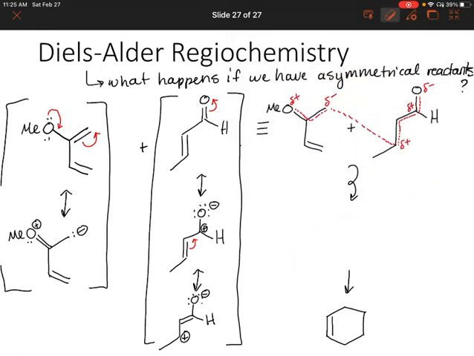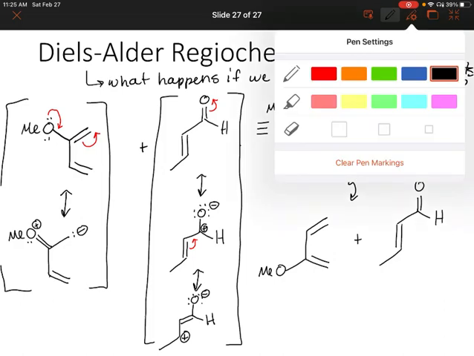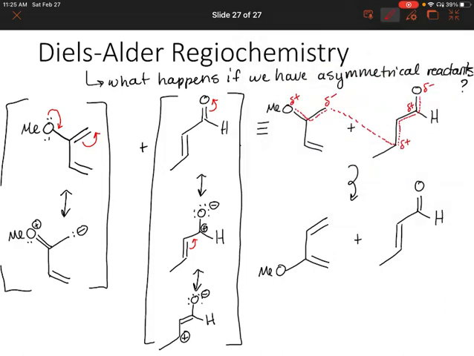So the other way that you could draw all this, which might make more sense, you can draw the original two reactants, but just remember that we have a partial negative and partial positive there. So that's another way to look at it too.